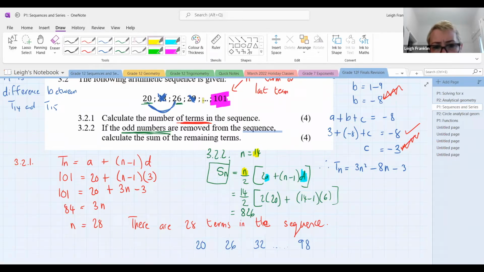In other words, 14 over 2 times (20 plus 14 minus 1 times 6). Interesting. You're getting decimals. Have you maybe reset your calculator?